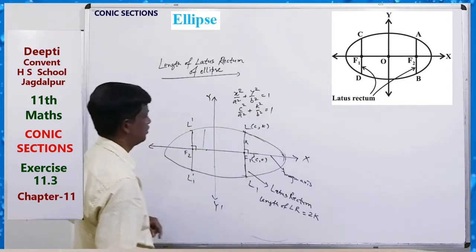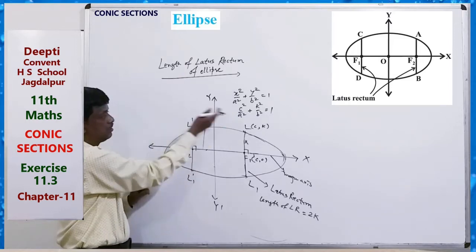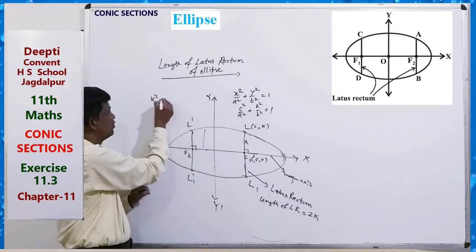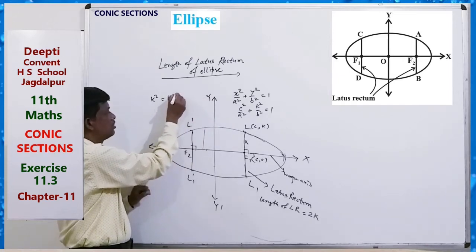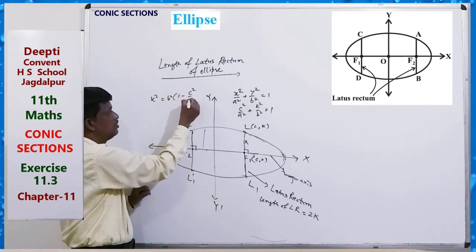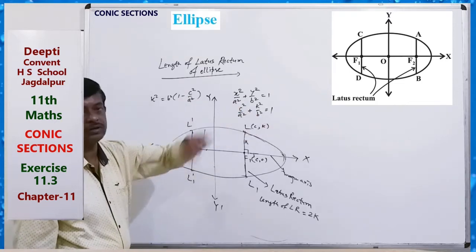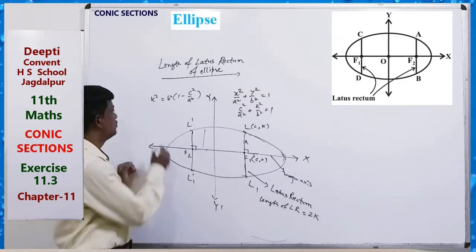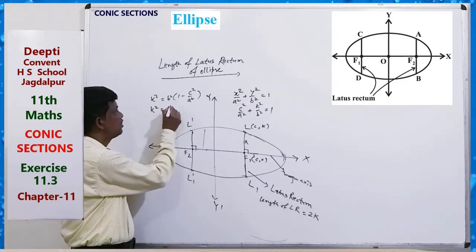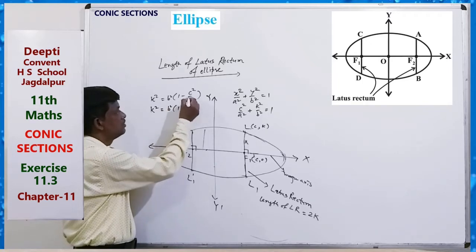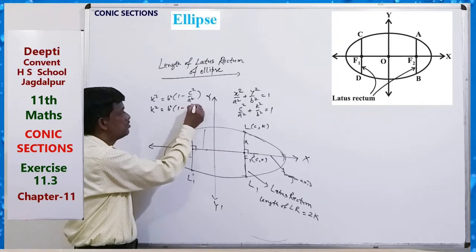Now we can solve it. From here K square equals b square times (1 minus C square upon a square). So K square equals b square (1 minus C square by a square).